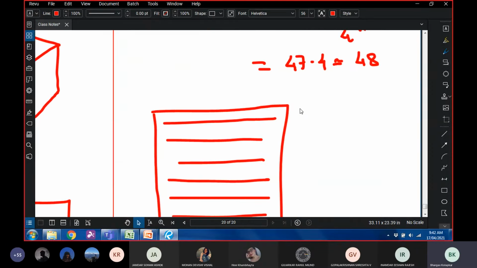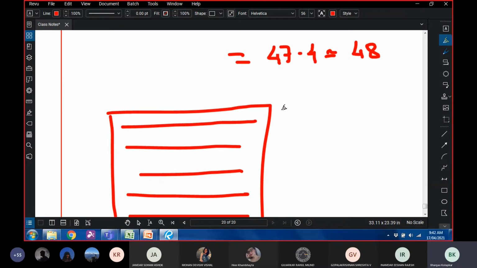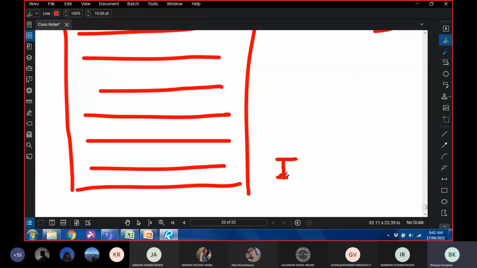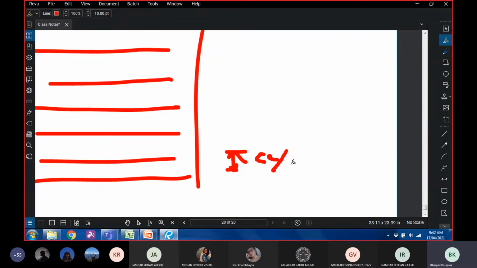This dimension is clear cover plus phi by 2. This dimension is also the same, the dimension of the first bar from the edge. So this is clear cover plus phi by 2.